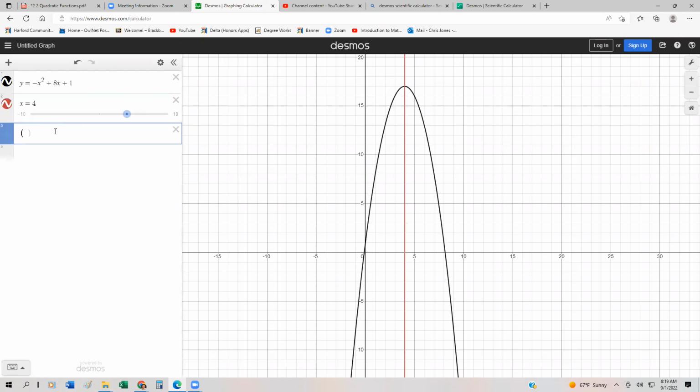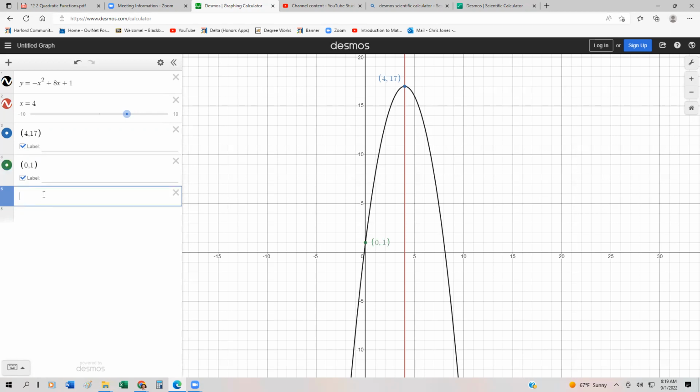Let's plot the point 4, 17, and that's going to be our vertex. Let's also plot the point 0, 1, which was going to be our y-intercept. So that's right there. Let's also plot the intercepts. Now I'm just going to plot them in the approximate form.